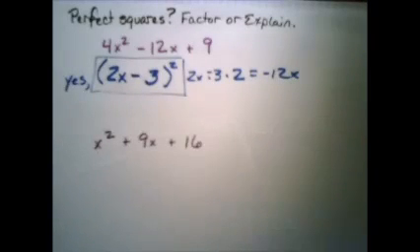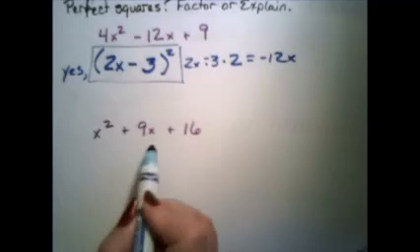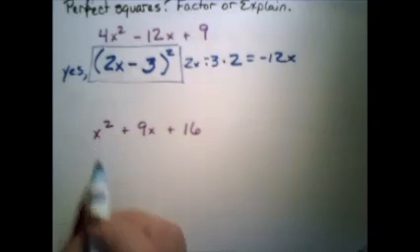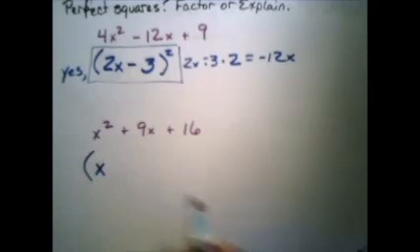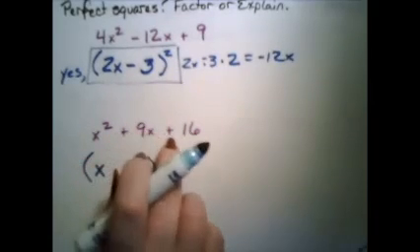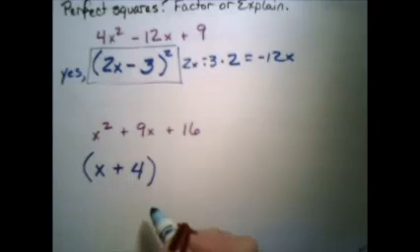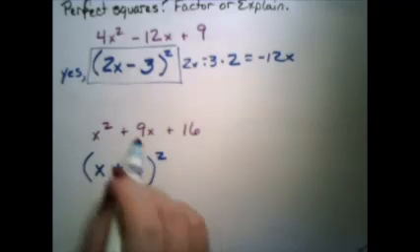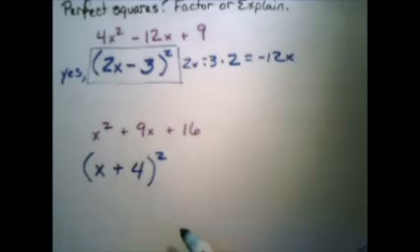Let's do another one. x squared plus 9x plus 16. Well, x squared is a perfect square. That's x. And 16 is a perfect square. That's 4. Both of these are positive, so this is a plus sign. So now the question is, x plus 4 times x plus 4, does that give us 9x in the middle?